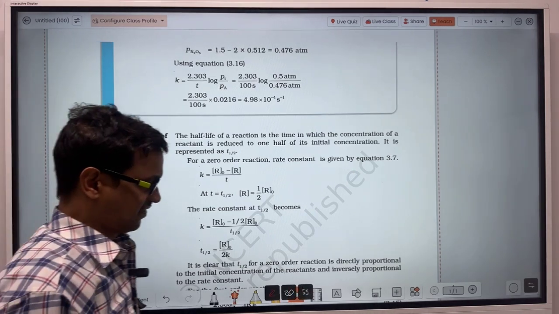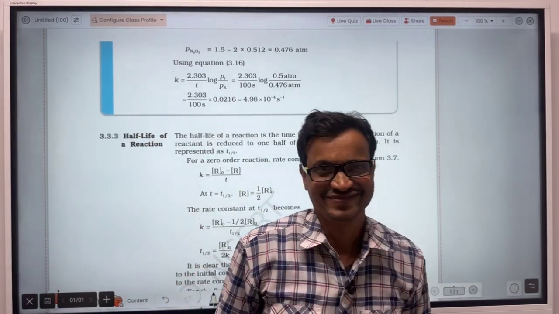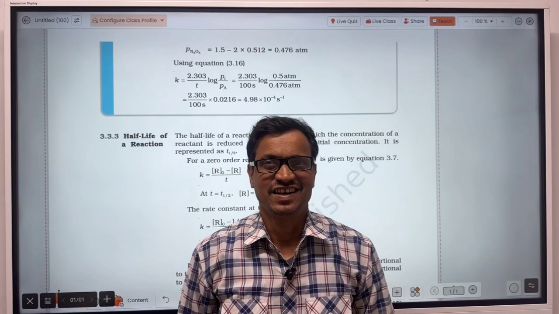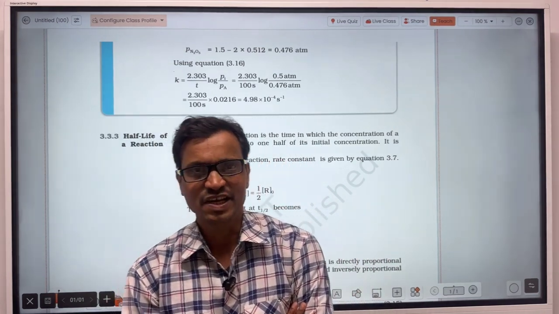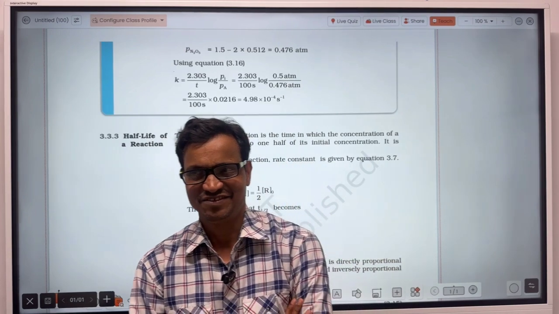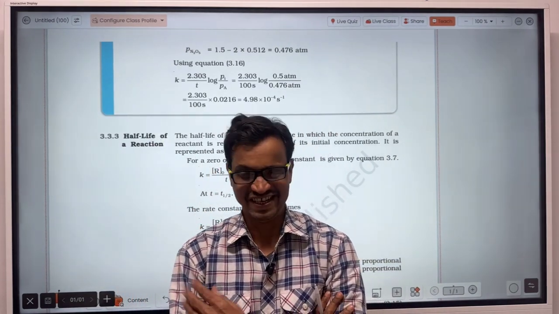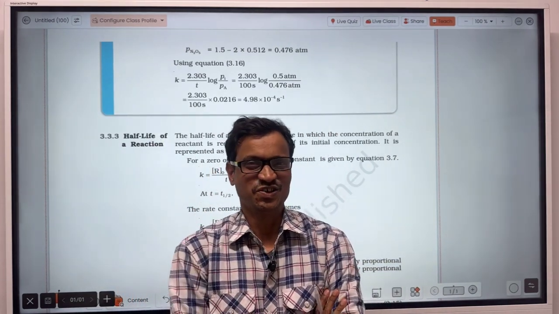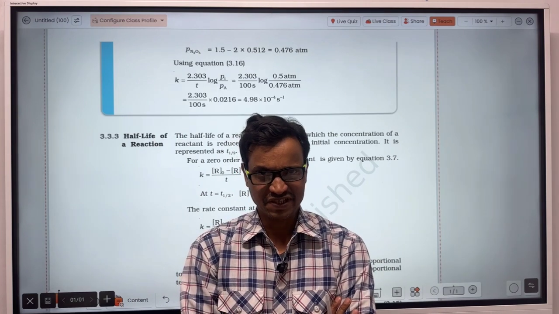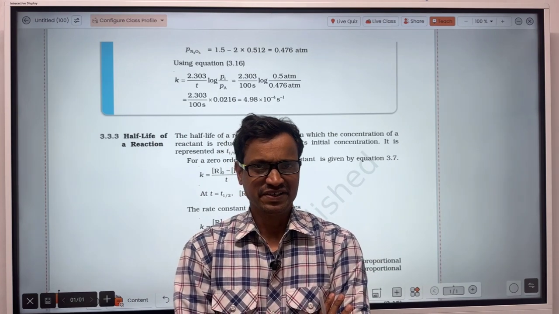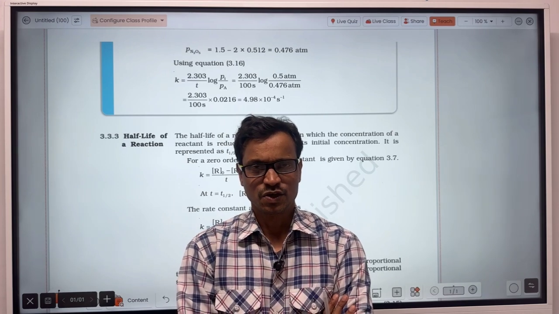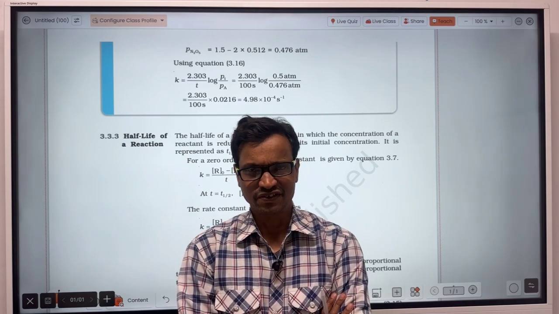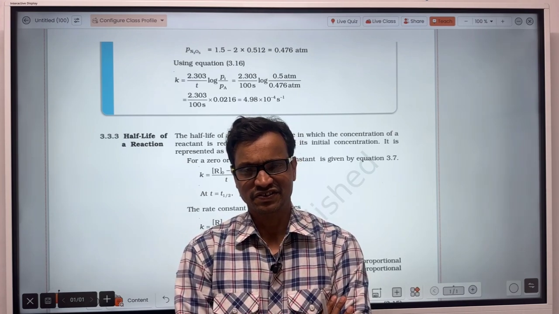Now let's see half-life period, very important. What is half-life period? As the name indicates, half-life means the life of half the portion. So half-life period can be defined as the time period during which the concentration of reactant becomes half of the initial concentration of reactant.